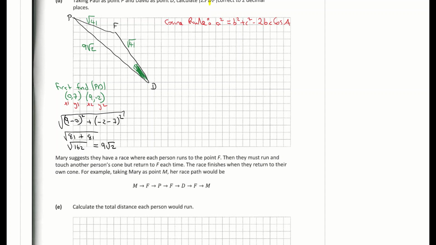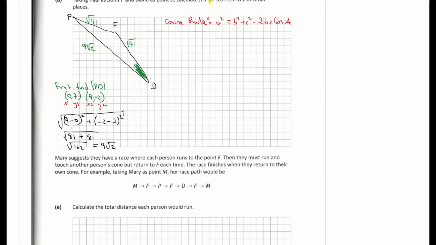The cos A is the angle A, and that's going to be the angle I'm trying to find. So I'm going to put an A here beside the D, and the side across from it is this side PF, so I'm going to call that small a. And then it doesn't matter which one you call small b and small c, I'm just going to label them like that. Just make sure you get the A's correct.